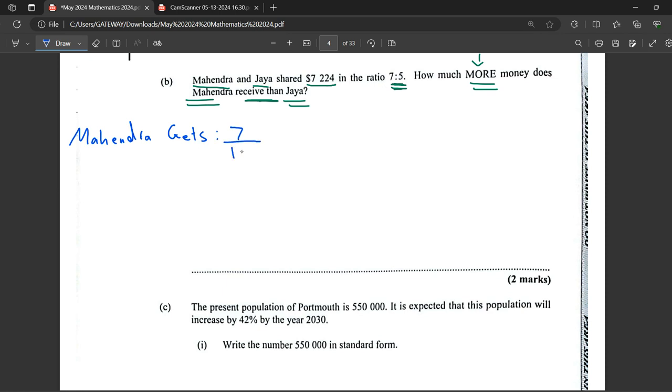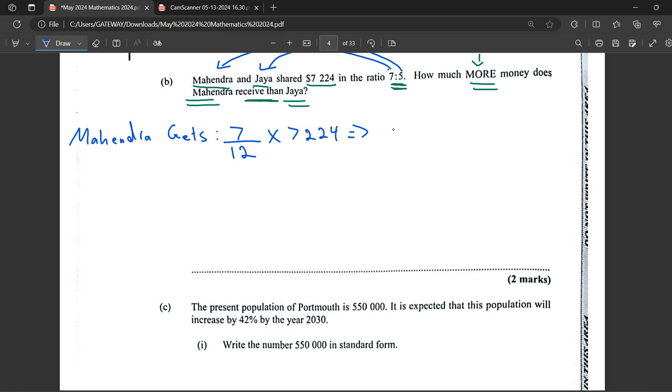So you get 7 out of 12 multiplied by the total amount that was shared between the two people, which is 7,224. Right? So the ratio is stated 7:5. So 7 is really relating to Mahendra and 5 is really relating to Jaya. We call that respectively. Right? So this is how much Mahendra gets.